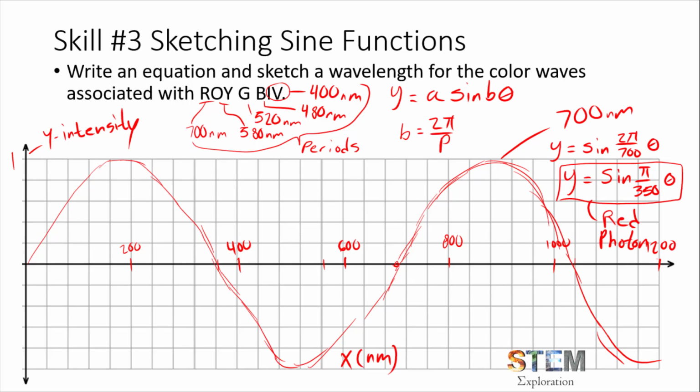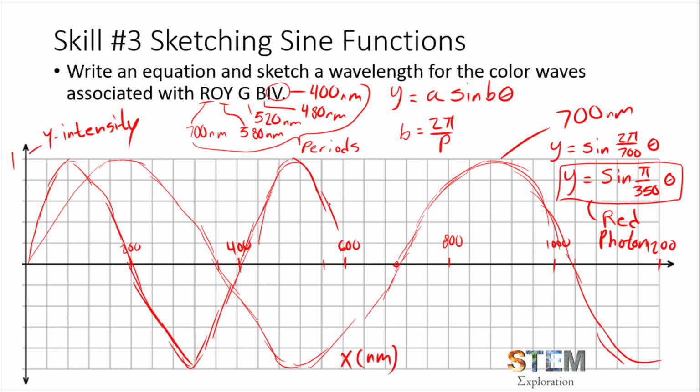Just for the sake of showing you, I will show you one other example: indigo violet. I don't have the ability to change the color in here right now, but if we want to look at indigo violet, I'll make this the same height as before. What you'll notice is that we'll complete one cycle every 400 nanometers.